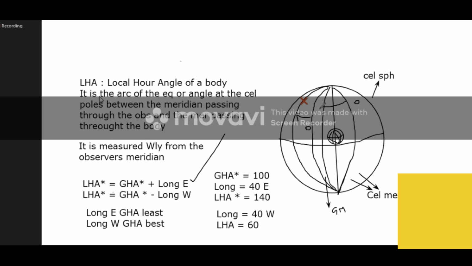It means ये GHA है. This is the GHA. This minus this. That means इसको minus किया. Will give me this, correct? So when it is west, we can say that GHA star minus longitude west will give me the LHA star. That's all. Better go for the thumb rule. This is the best thing.